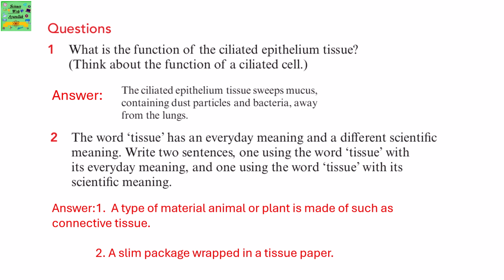Tissue is a type of material animals or plants are made of, such as connective tissue. Everyday: it is a slim package wrapped in tissue paper. Or you can use any other sentences of your choice.